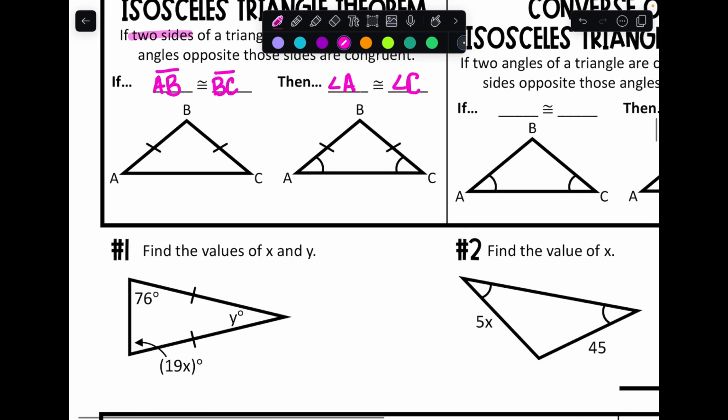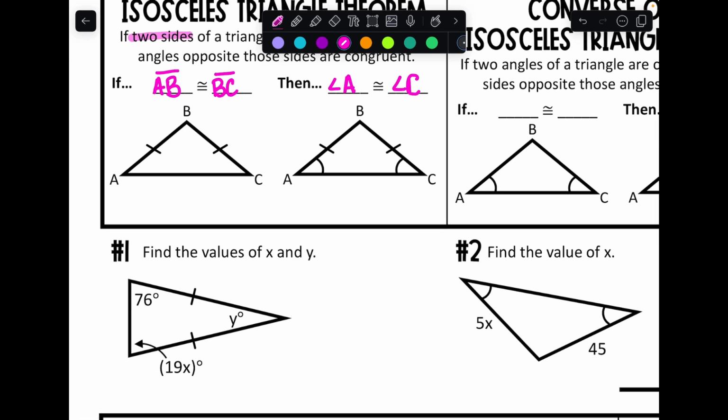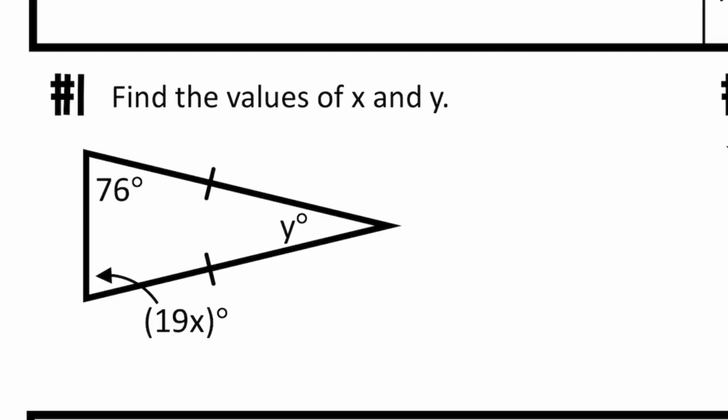All right, let's turn that into an example. So look at example 1 right below this. It says to find the values of x and y. So look carefully. It doesn't tell me anything about this triangle, but it does, because it tells me that these 2 marks are congruent, which means that these 2 sides are congruent, which tells me that the base is this guy right here in orange. And what that tells me is that this angle, that's 76, is congruent to this angle because they are the base angles.